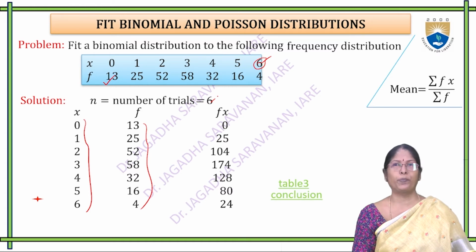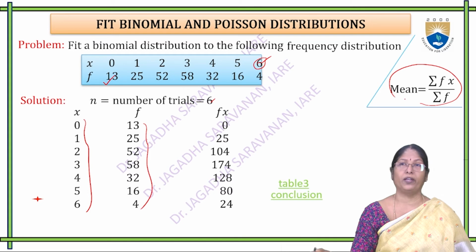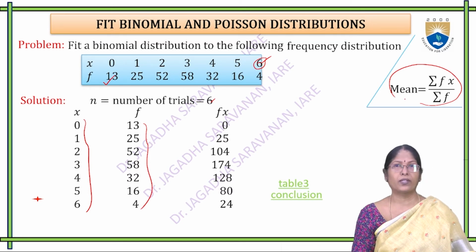We don't know what P is or what Q is. If we know P, with the help of P we can easily find Q because the total probability is 1. So we are taking the mean formula, summation fx by summation f.